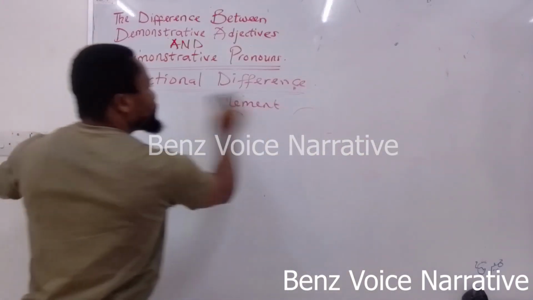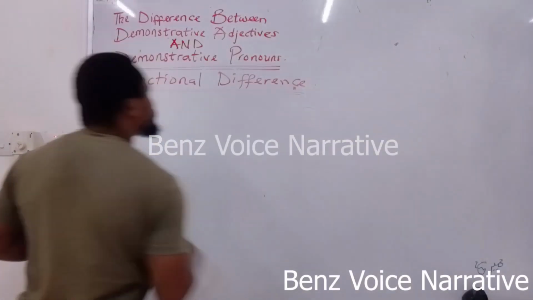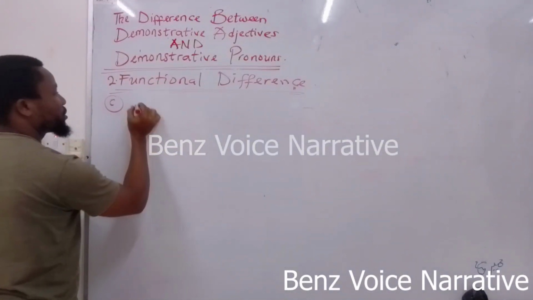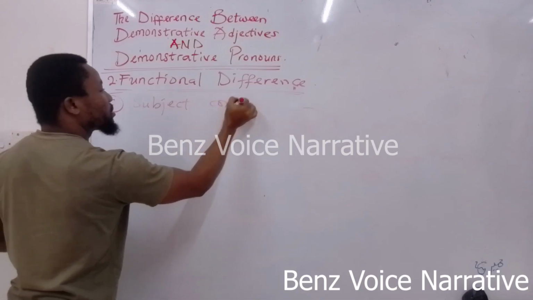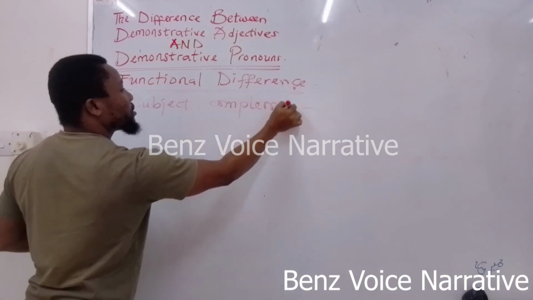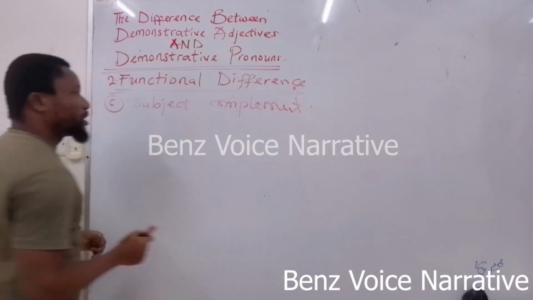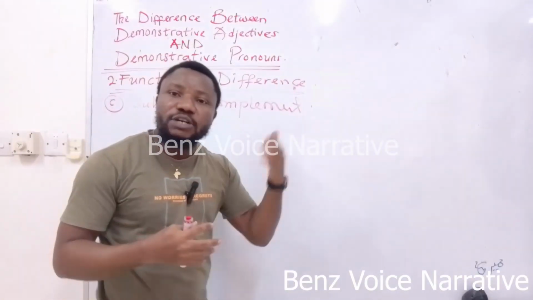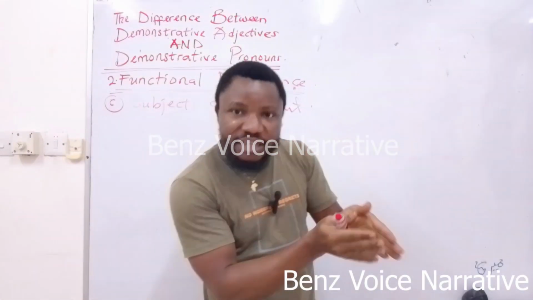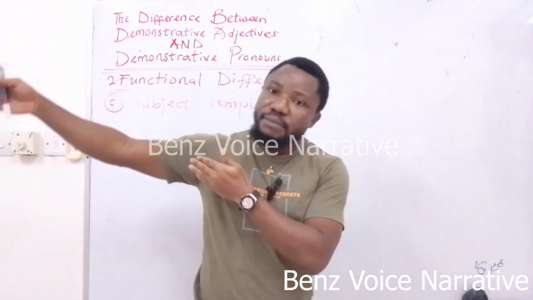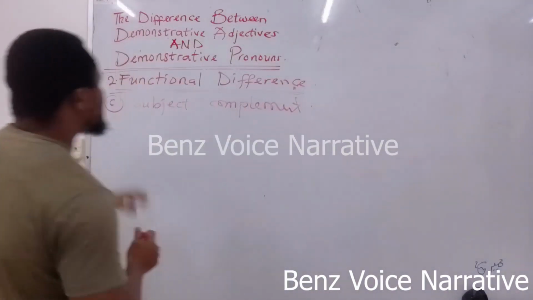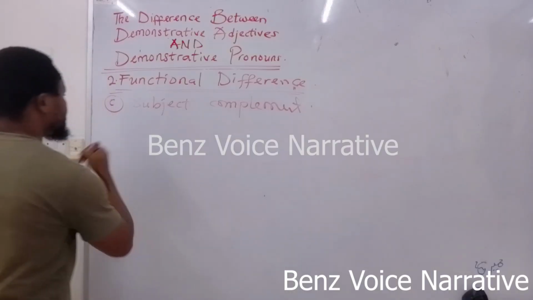So another function of the demonstrative pronoun is that it can function as subject complement. Remember that the subject complement is another element in a sentence that means the same thing as the subject of the sentence. So, subject complement.